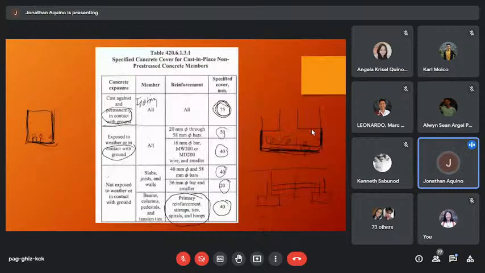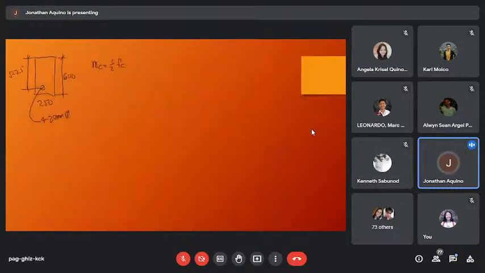Okay, so going back to the section, the moment capacity of concrete is 1/2 FC BD squared KJ. We have F prime C, which is equal to 21 megapascal.